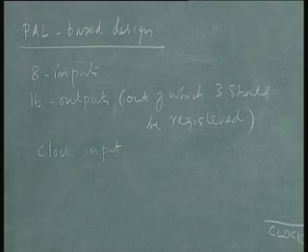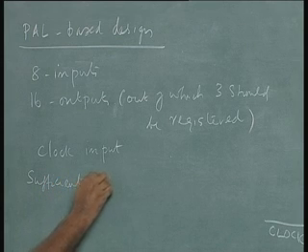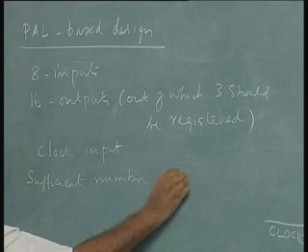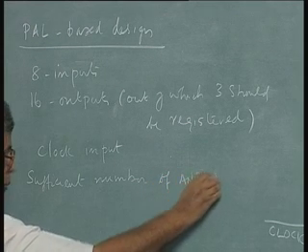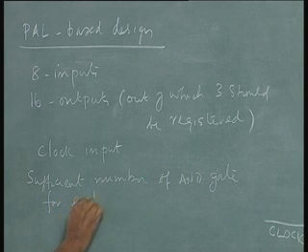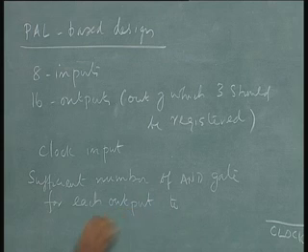and we will have to have sufficient product terms. I am not going to go into the counting now. So, a sufficient number of AND gates for each output to fit the design.